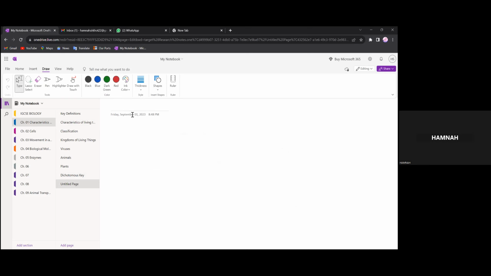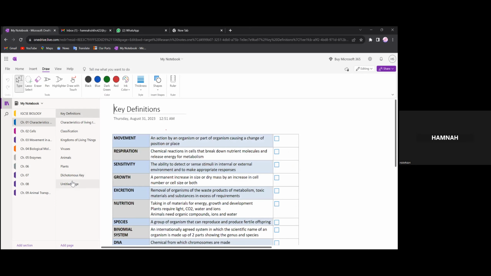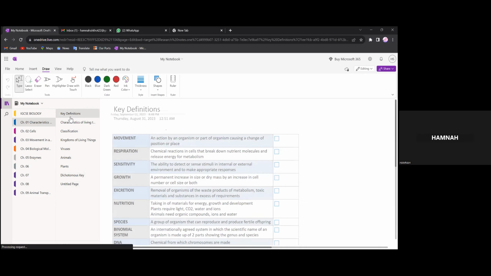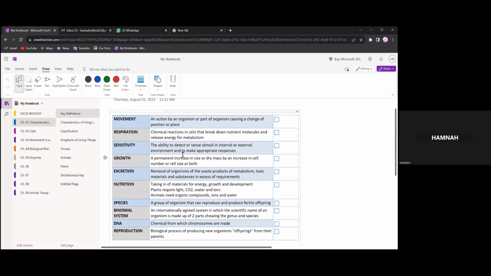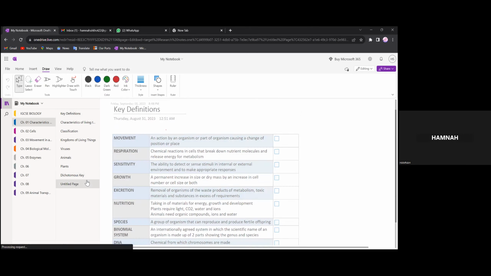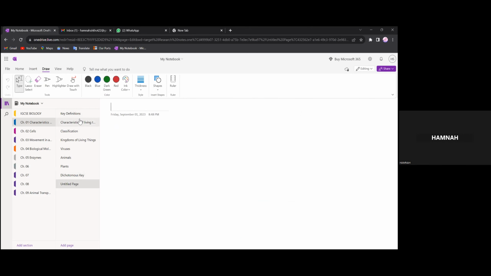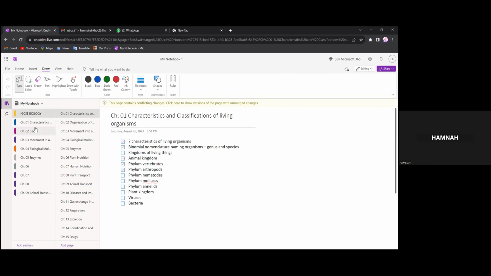The first and last page of every chapter have the key definitions, which you need to memorize, and the last page would have all the other questions. You have to go through these, right? I will include this. So this is how we would be going through after each chapter.